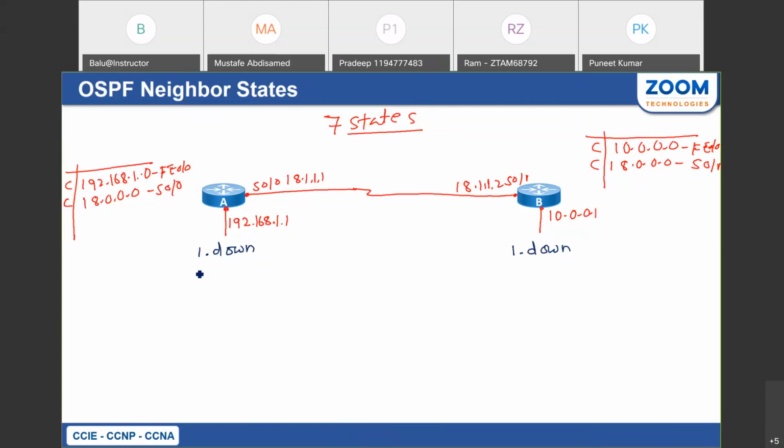Now, the second state of OSPF we call the init state, initial state, on both sides. In the init state, what A is doing is sending one message: hello neighbor B, I am so and so router. So what will be the router ID of router A? Can you tell me, guys?